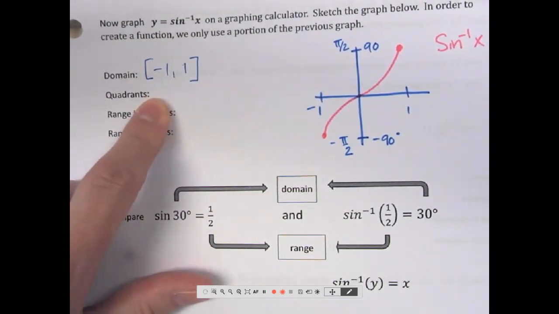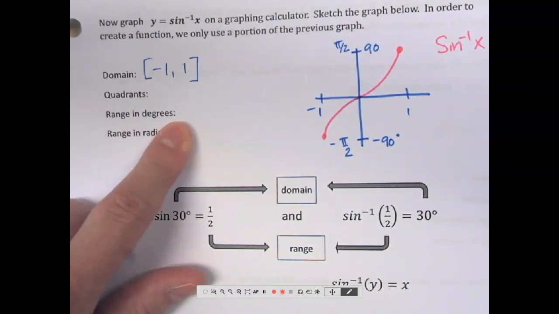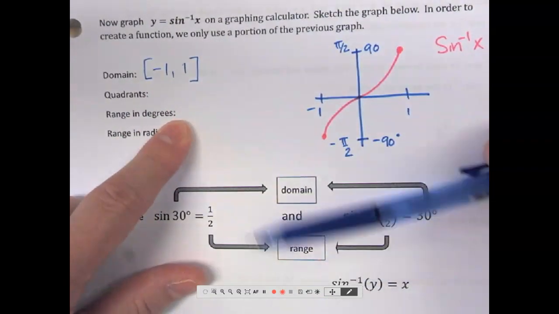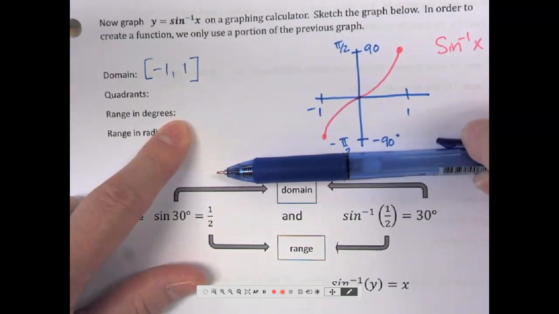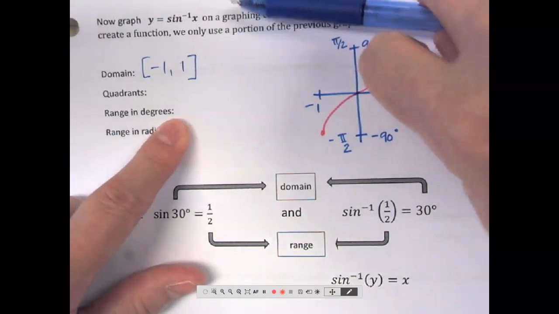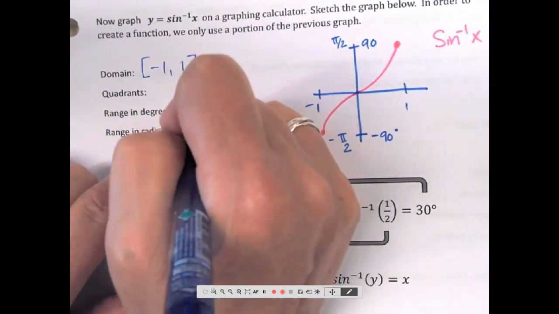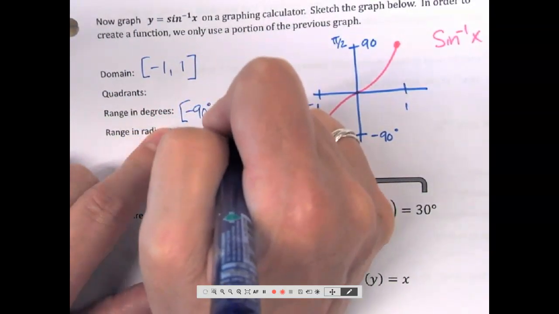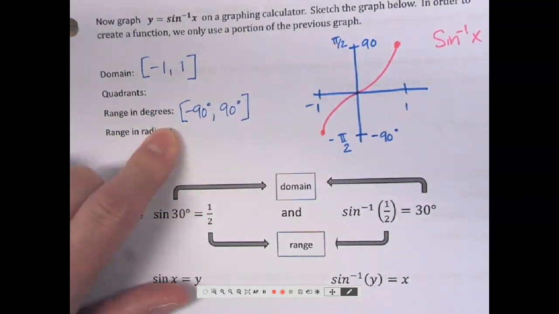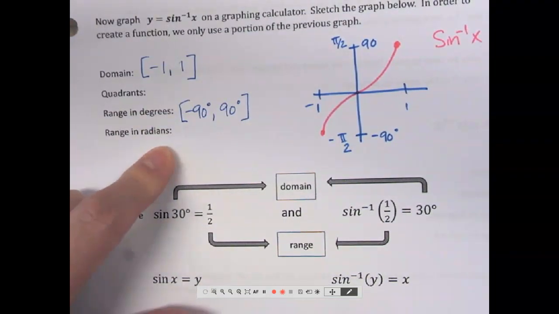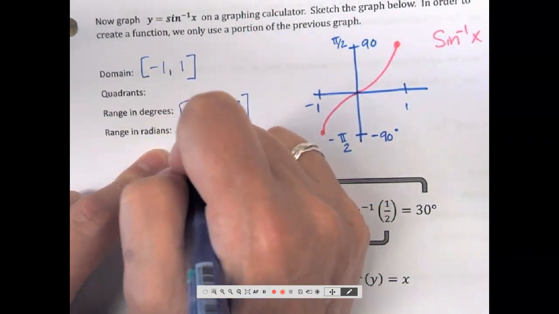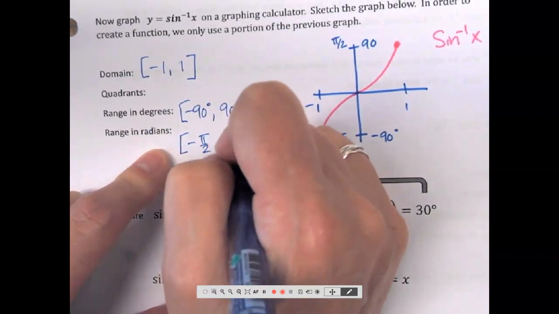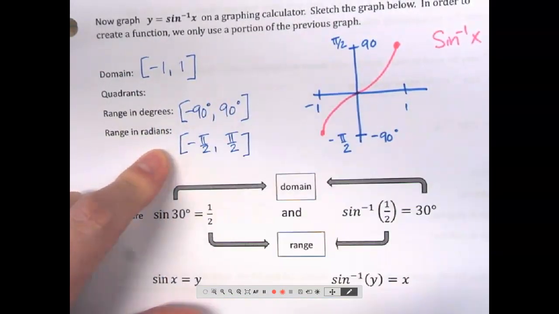Quadrants, I'm going to come back to that in a second. What's the range in terms of degrees? I go to a low of -90 and to a high of +90. So -90 to 90. If I want the range in radians, then we're talking about -π/2 to π/2.